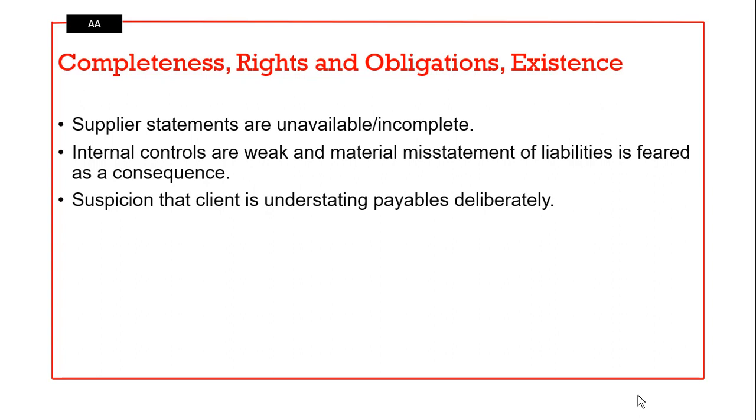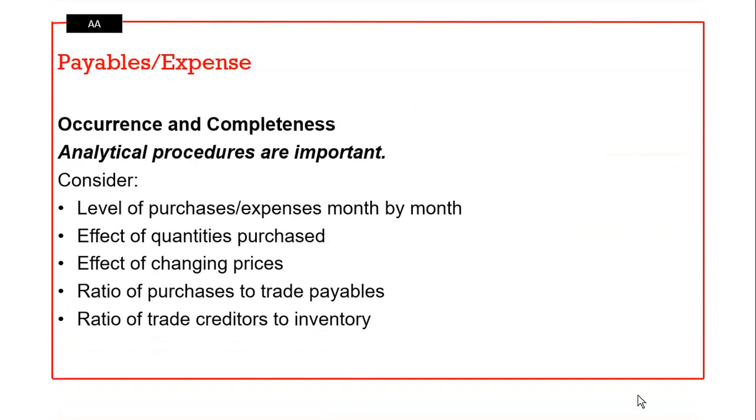Where internal controls are weak and material misstatement of liabilities is feared, as a consequence you want to do circularization. Confirm the outstanding balances of suppliers with the suppliers themselves. Where you have suspicion that the client is understating payables deliberately, you may want to do some confirmation.